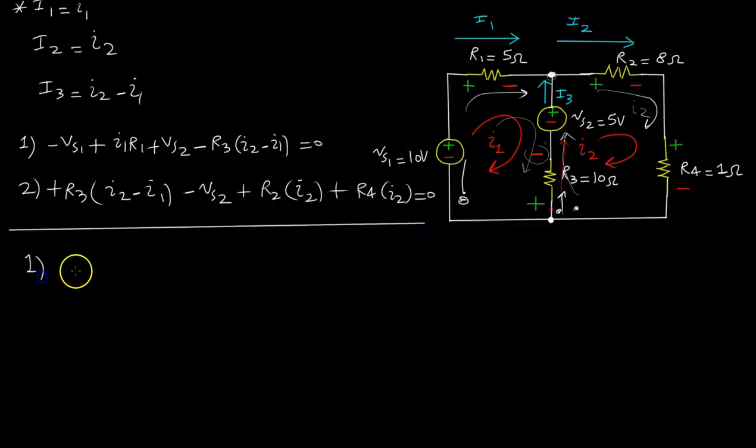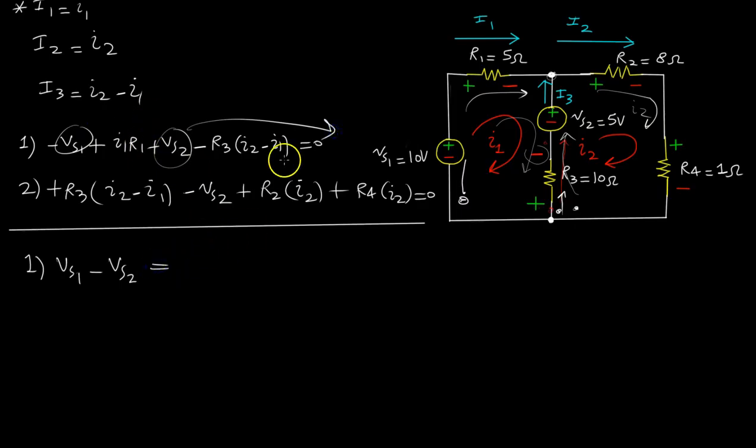So here's I1, the first equation. I'm going to basically move the voltages, the source function, if you will, to one side of the equation. And so we have VS1 minus VS2, so what I've done is I've taken these guys to the other side.